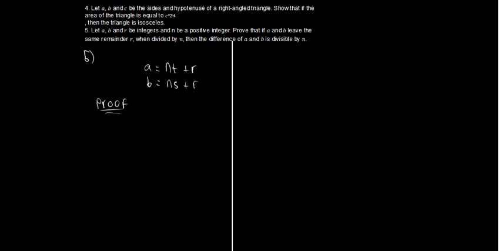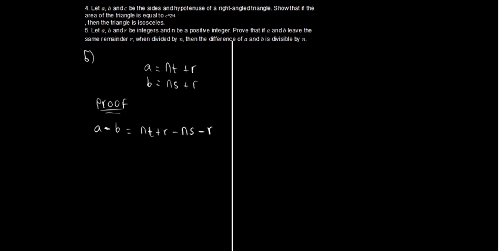For our proof, we're going to say a minus b. We already know that a can be expressed in this form and b can be expressed in this form, so this gives us nt plus r minus, and here the negative multiplies everything, ns plus r, so minus ns minus r.